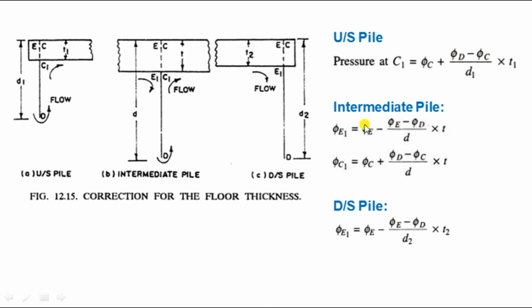For intermediate pile, phi E1 value and phi C1 value are different. And we calculate by subtracting that value from E to E1. That is the E to E1, only one portion we calculate. Phi C1 means C to C1. For downstream pile, phi E1 is equal to E2 E1.